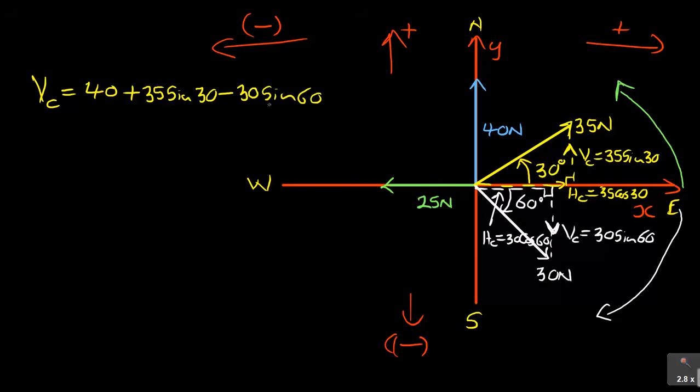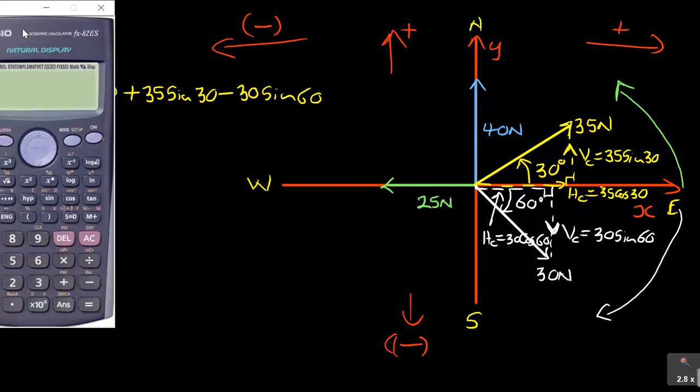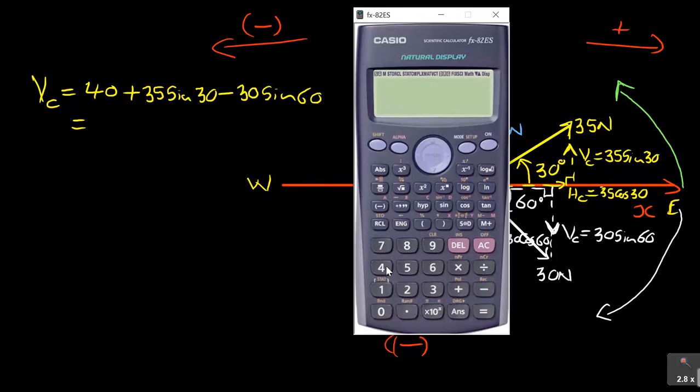See that? When I use the calculator to find the final answer, it will be 40 plus 35 sin 30 plus bracket minus 30 sin 60. That's how you are adding them, but because it's facing the other direction, you have to put a negative.